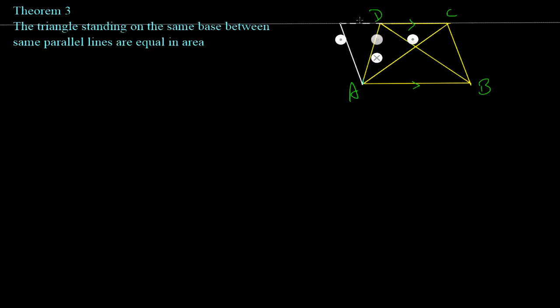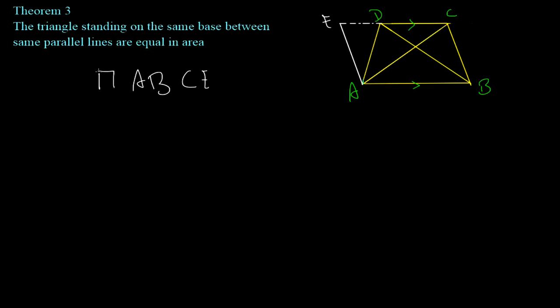Let's name this E. So we have a parallelogram ABCE, and if you look closely, we have a diagonal AC that bisects the parallelogram ABCE.